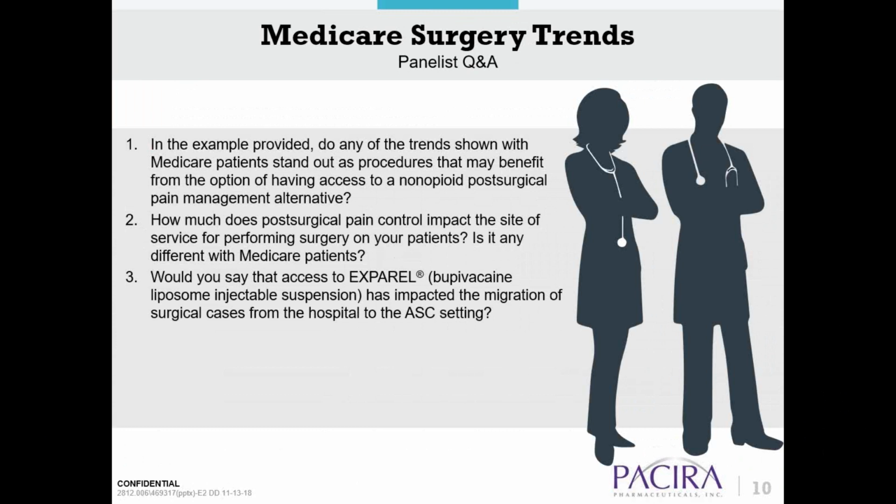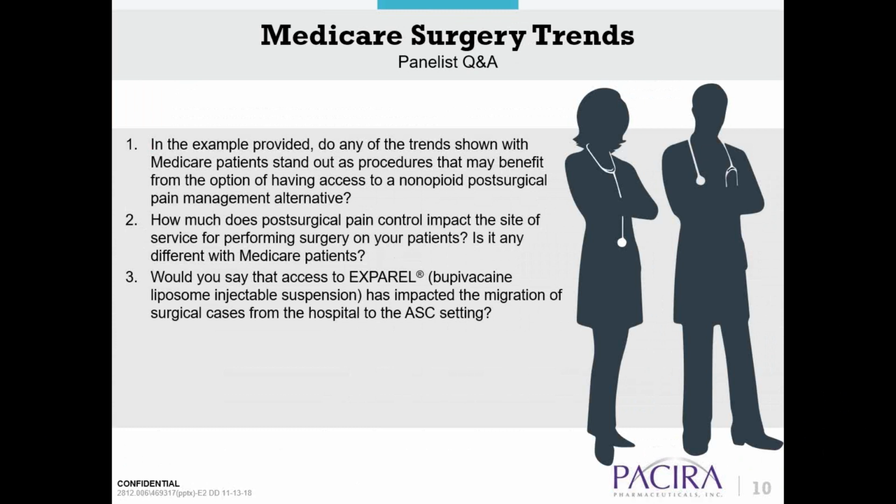Well, in my space, it would be the shoulder and the knee cases, the sports kind of cases, including rotator cuff repairs, and those are really increasing. I've become more comfortable doing rotator cuff repairs in the ambulatory surgery center, as well as doing ACL reconstructions in that center, and the use of Exparel has really facilitated that, because the stress to the patient is less, and of course, if you select your ASA rating properly, you're not going to have difficulty with those patients.